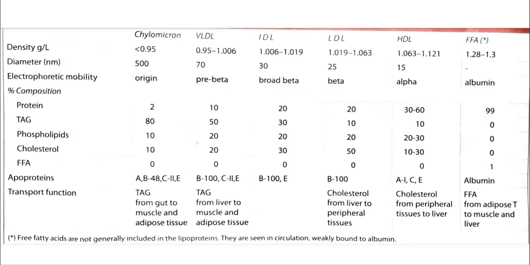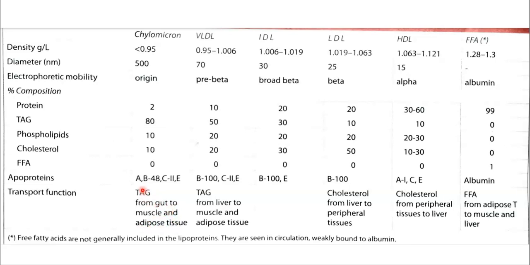Okay, that's about our lipoproteins, and this is a small diagrammatic presentation, a column-wise expression of the content, density, diameter, electrophoretic mobility, then percentage composition like protein, triacylglycerol, phospholipid, cholesterol, free fatty acid, apoprotein, and transport function. Chylomicron mainly transports triacylglycerol from gut to muscle and adipose tissue.